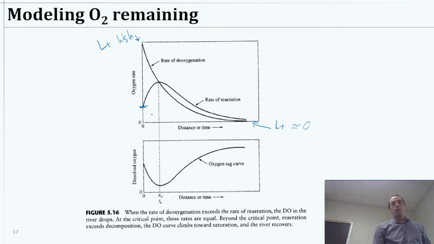Okay. But if we let this river or stream run for an infinite amount of time with adding no organics at all, LT eventually gets to zero. That means the rate of reaeration, once it pulls that oxygen back up towards saturation, well, maybe eventually we get to saturation and then the rate of reaeration would get to zero. But you see here, it's still remaining slightly above it.